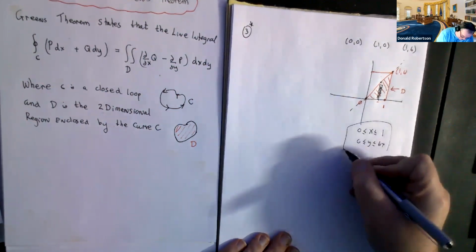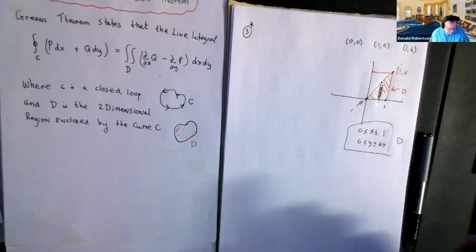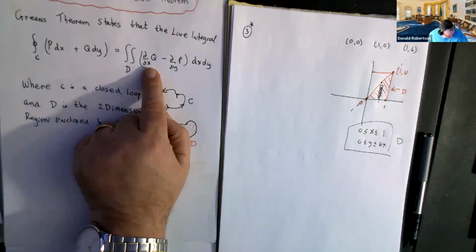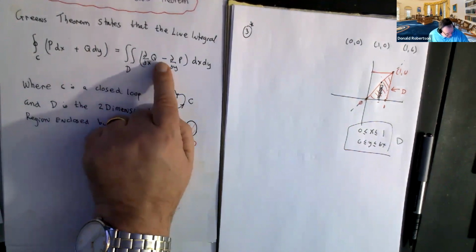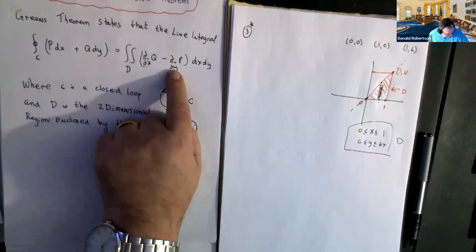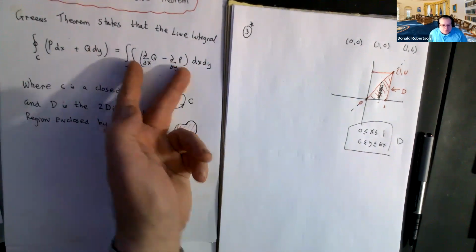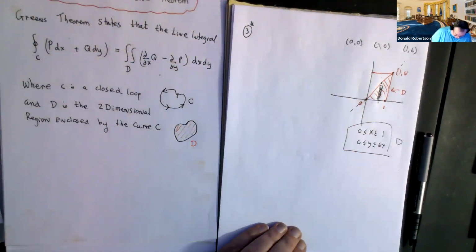So there is your region D. And basically you just find a derivative of this guy here with respect to x, subtract the derivative with respect to y of this guy. So you notice it's a PQ, QP kind of thing. Easy to get them mixed up. So far, so good.